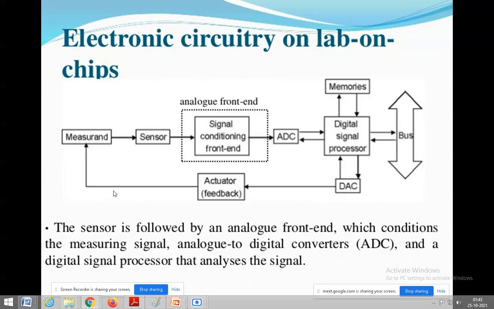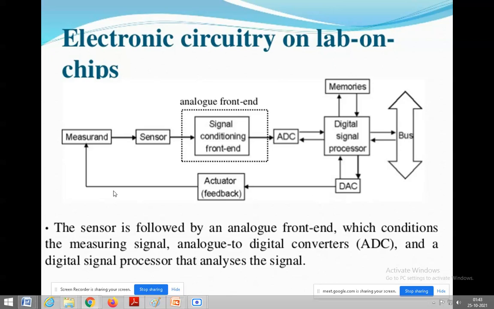And signal conditioning front end means the measured data signal will be further processed by the DSP processor. Before the DSP processing, you are going to convert the analog signal into digital form, and then only can you do any processing, like filtering, or converting one form of signal into another form, that means from frequency domain to time domain, or angular domain, anything else.